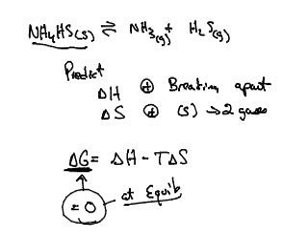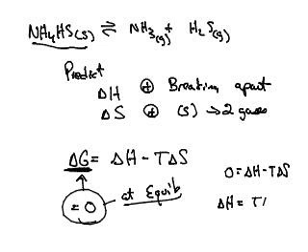So 0 equals delta H minus T delta S, or if you solve, delta H is equal to T delta S, or if you divide both sides, T is equal to delta H over delta S. So if I knew the numerical values of delta H and delta S, I could divide them and find the temperature at which this reaction would be spontaneous.